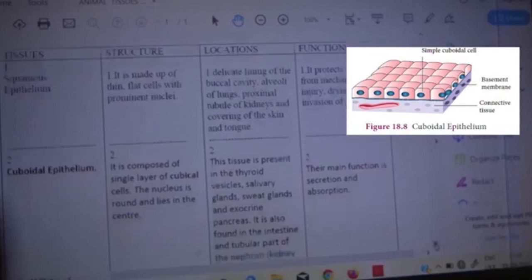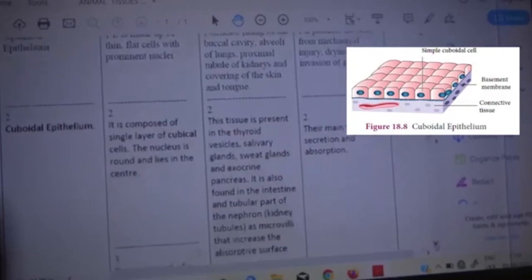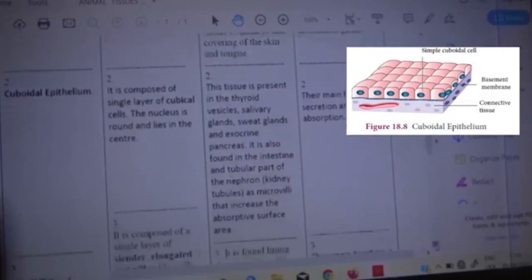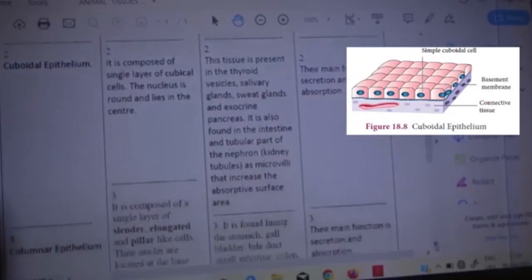Then the exocrine pancreas. In our digestive system, below the stomach, the U-shaped duodenum has the pancreas structure. It acts both as an exocrine and endocrine gland. As exocrine, it secretes the digestive enzyme pancreatic juice.